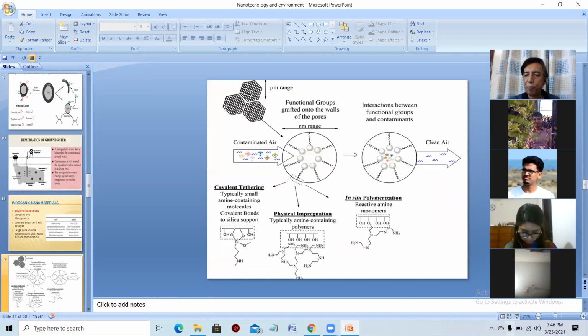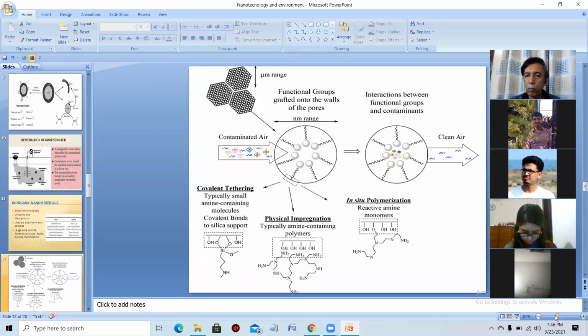Here you see, it is a silica nanoparticle, and functional groups are grafted onto the walls of the pores.